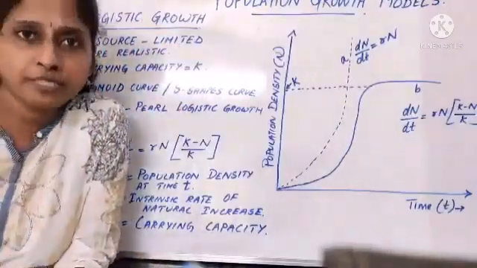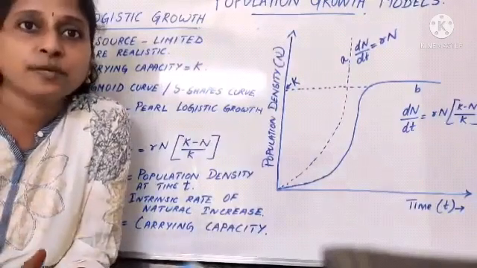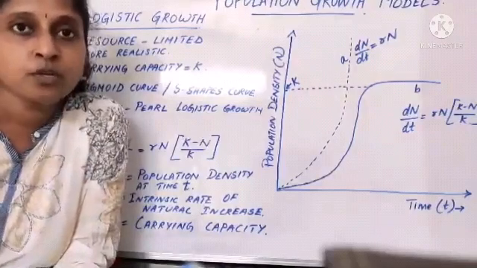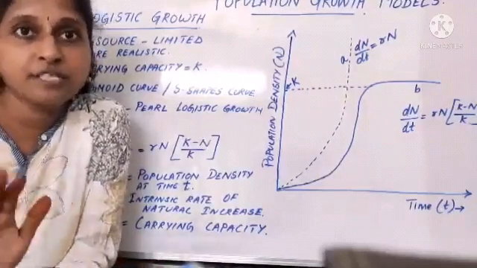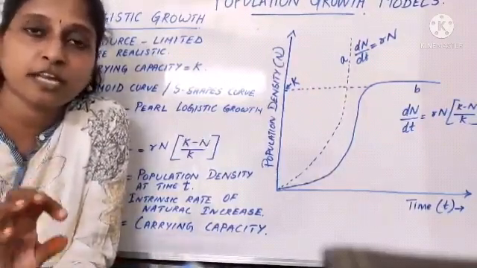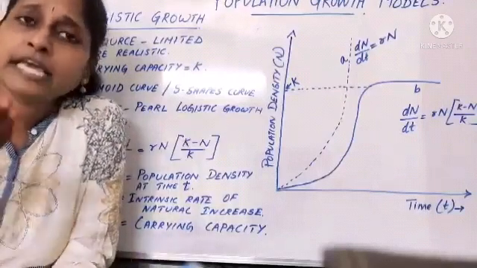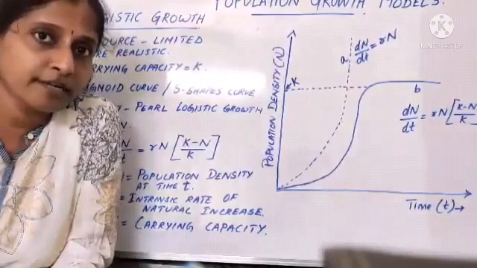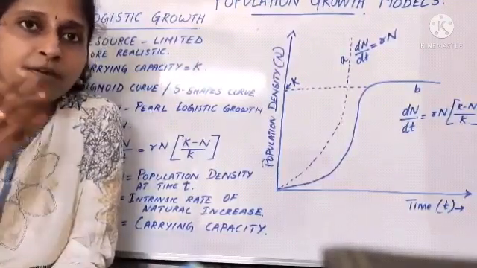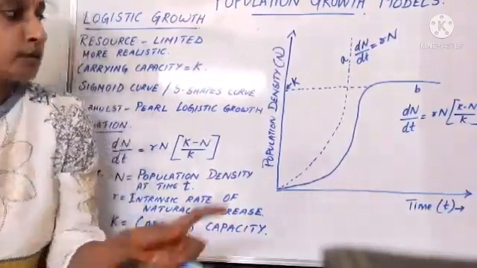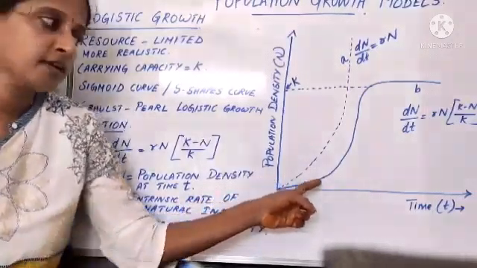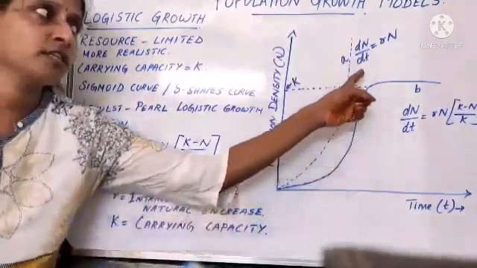Why is the resource limited? For example, you are getting admitted to Mount Sinai. There are 30 seats. How many benches are there? The benches can accommodate only 30 students. If the 31st student comes, do you think he will be accommodated there? No. In the beginning when it is 10, no problem, more students can come. 11, 12, 13, 14, 15, up to 30.